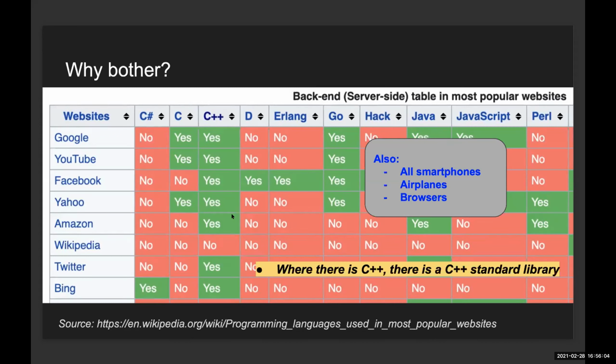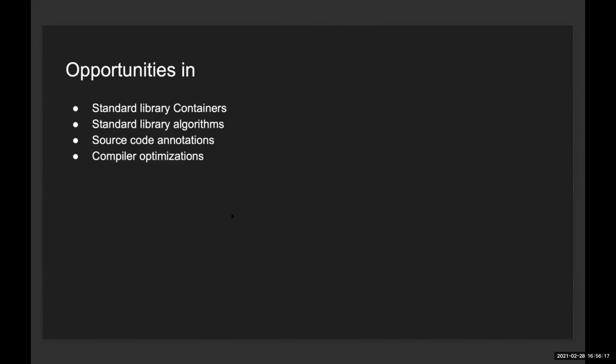You can see all the big companies are here, all the smartphones, airplanes, web browsers, everywhere. The C++ runtime is basically everywhere. In this presentation, I'll be talking about 4 different axes, dimensions of where we have opportunities to do some optimizations.